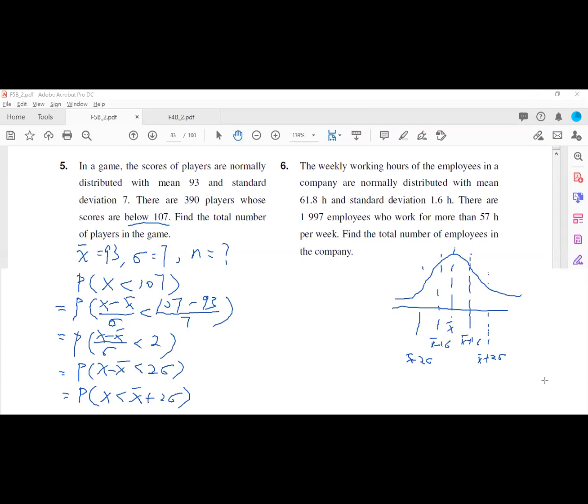So the boundary line should be just this line, right? X bar plus 2 sigma, and then x should be less than this number, which means that we should shade every part on the left hand side of this red line.